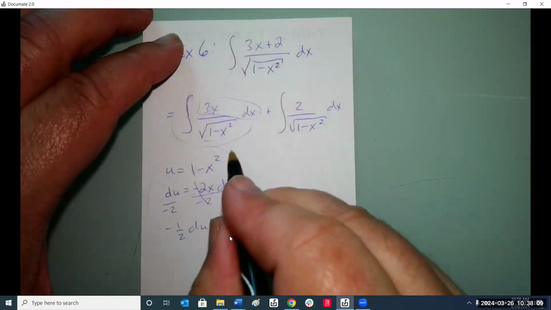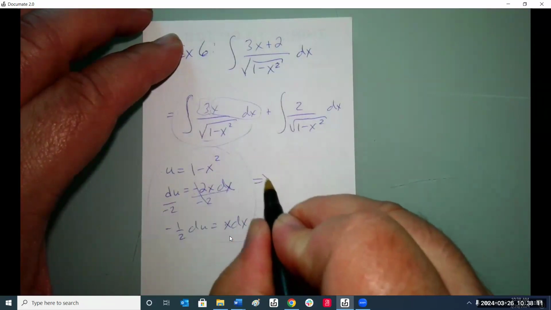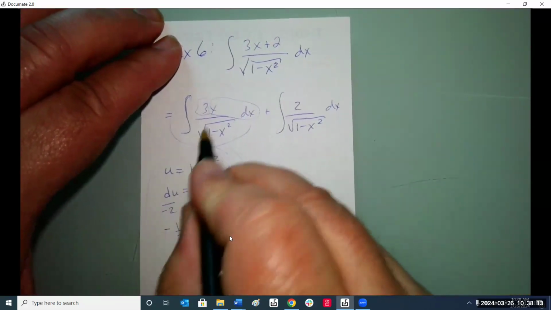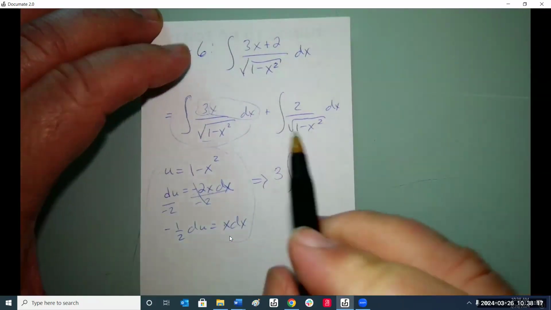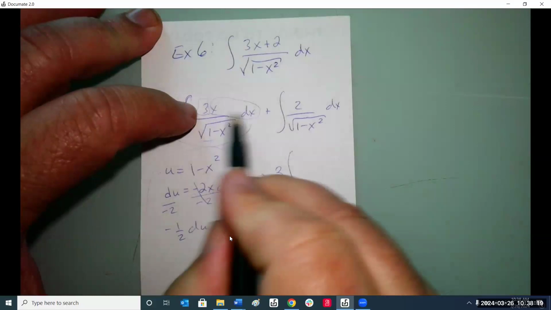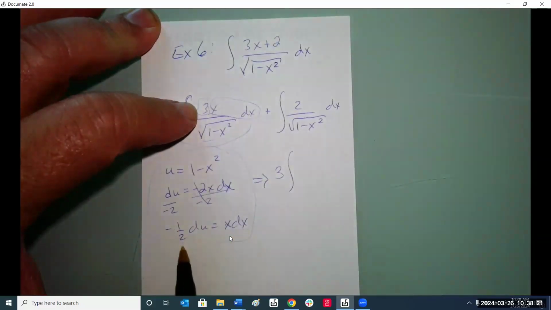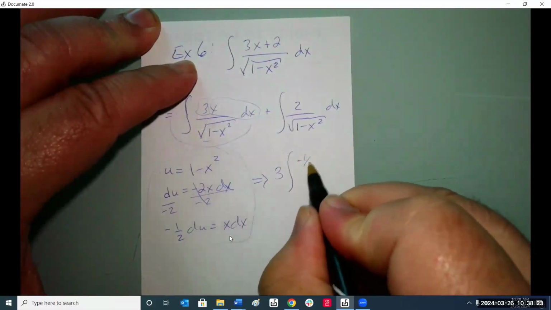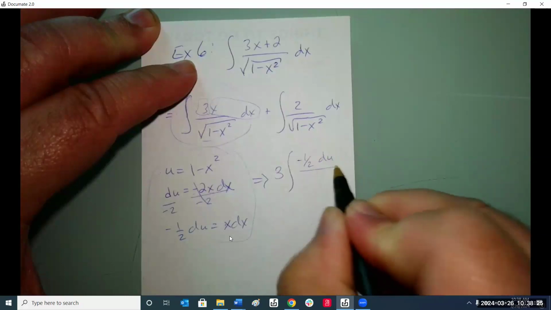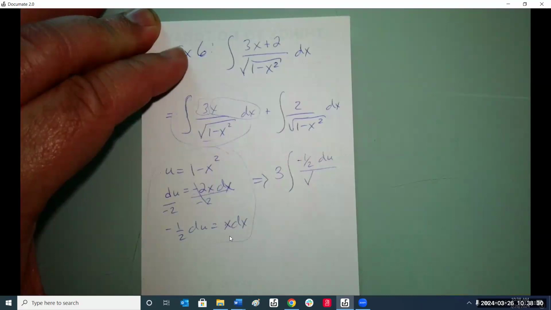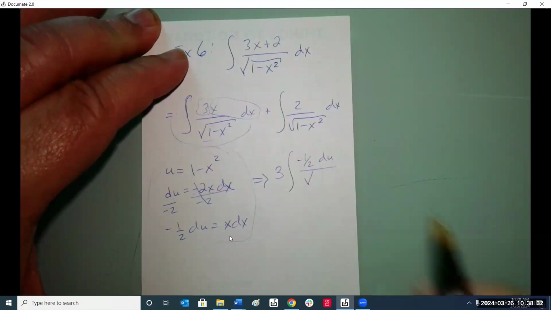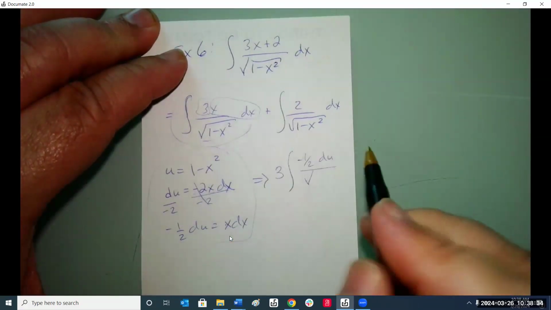So with this substitution, what do we get? We took the 3 out in front. x dx is -1/2 du over the radical u, because that's what our denominator is.